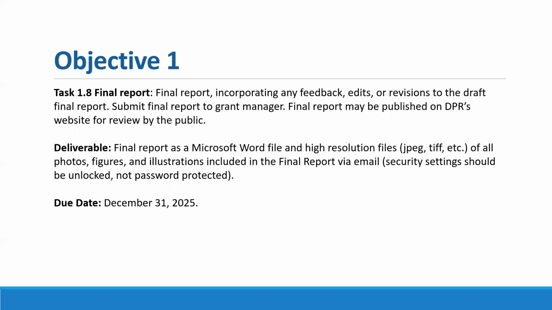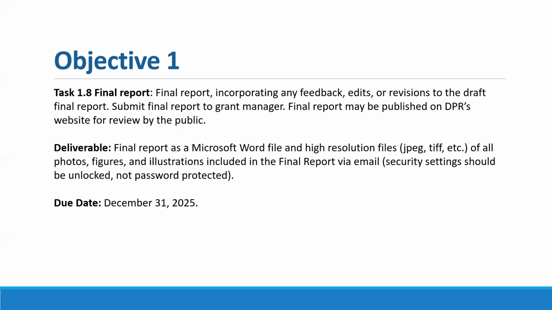And then the final example I want to touch on from objective 1 is going to be the final report. The task description here is a final report incorporating any feedback, edits, or revisions to the draft final report. It should be submitted to the grant manager, and it may be published on DPR's website for review by the public.